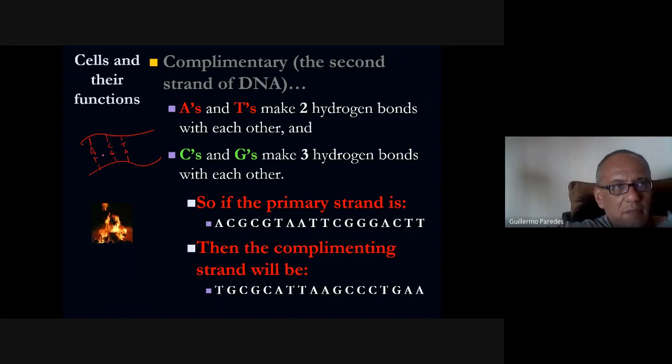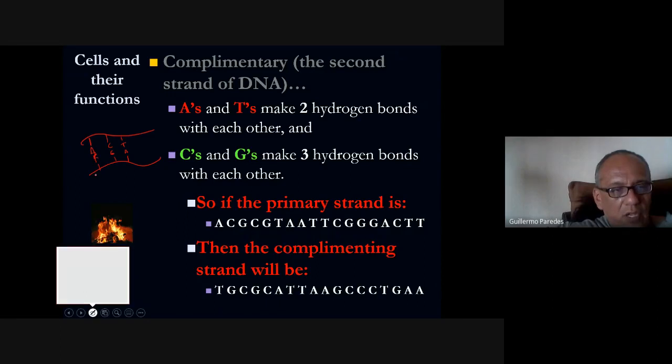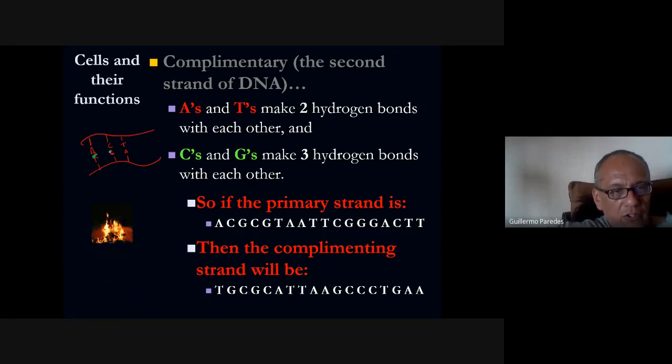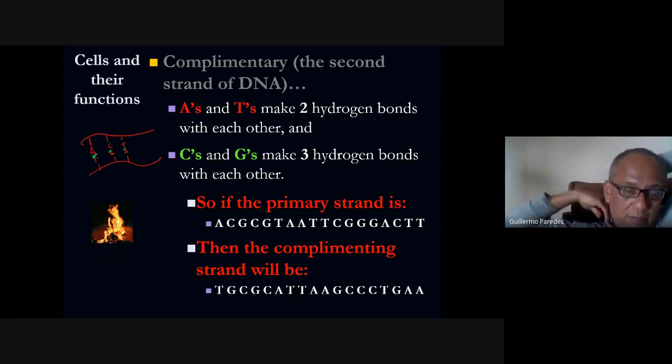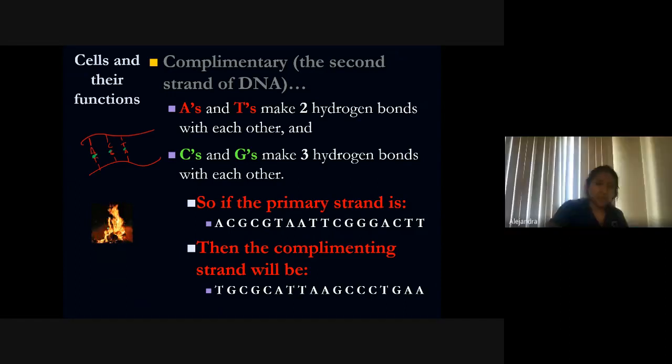It's like a zipper, the zipper of your pants, the zipper of your jacket. What is going to come together here are molecules of hydrogen, hydrogen, hydrogen. That is what links one side to the other side. So they are linked by hydrogen bonds. You okay with that? Yes.